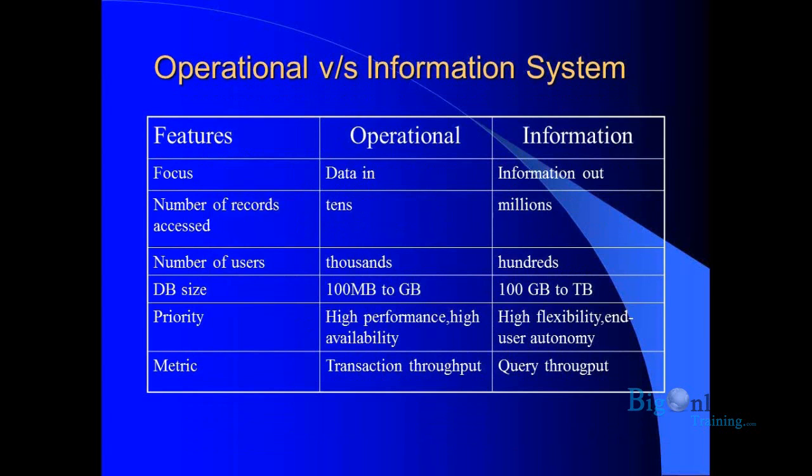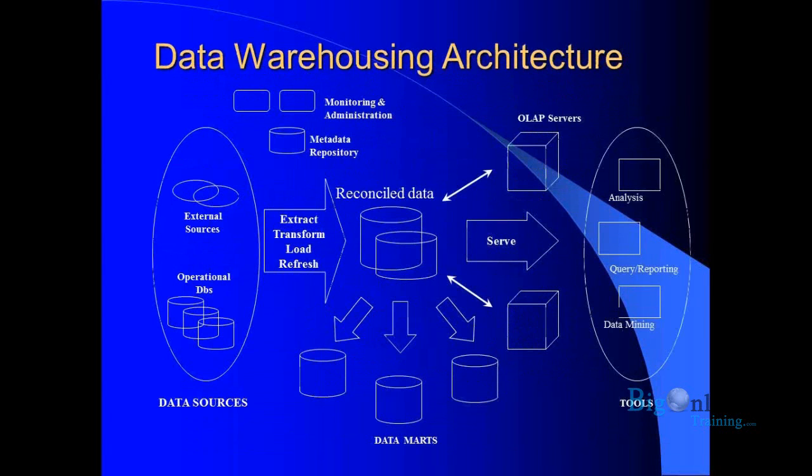With all this definition and the differences, data warehouse architecture looks like this. Remember, data warehouse is not a database. Data warehouse is a solution that contains all these tools together. And data warehouse is not readily available in the market.